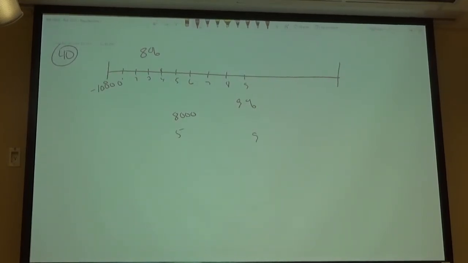All right, so the way that I would sort of set this up, first of all, let's take the $10,000, put that in as our present value at 8% for 5 years. Find the future value of that.